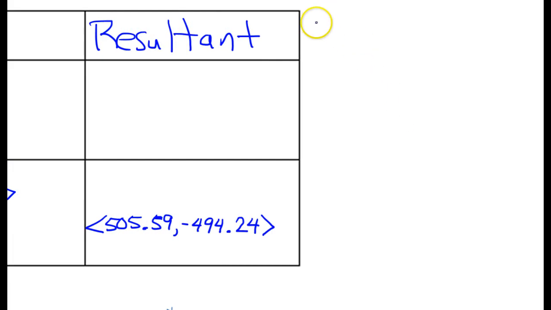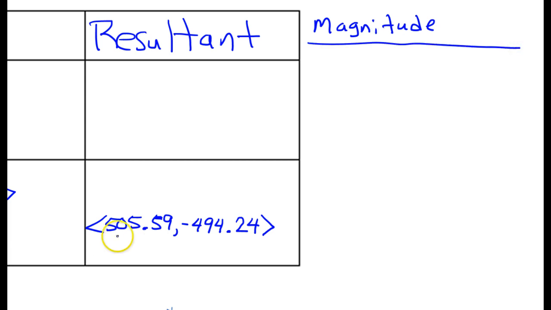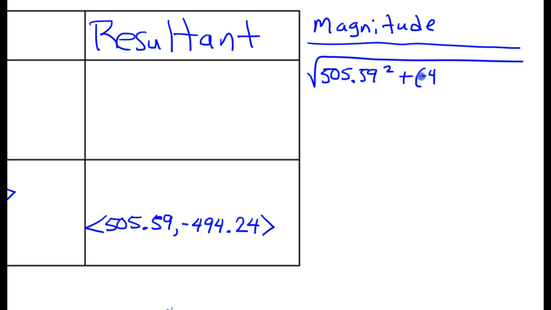So we can get the magnitude from the component form by using the magnitude formula. So we can do 505.59 squared plus negative 494.24 squared.